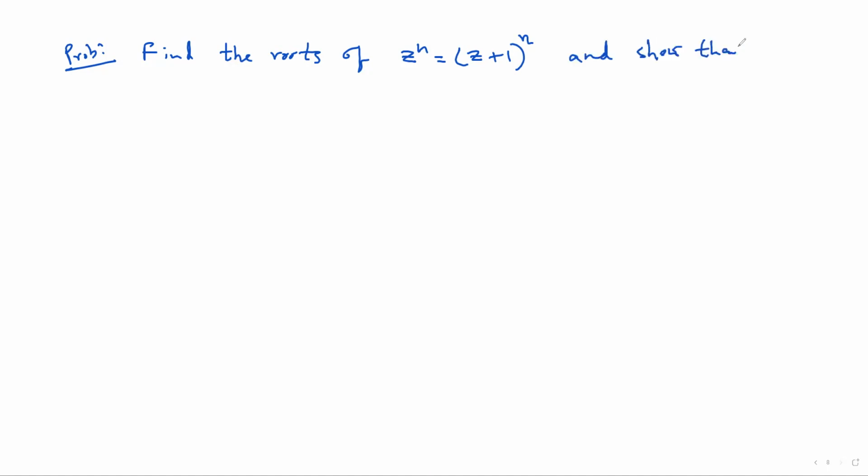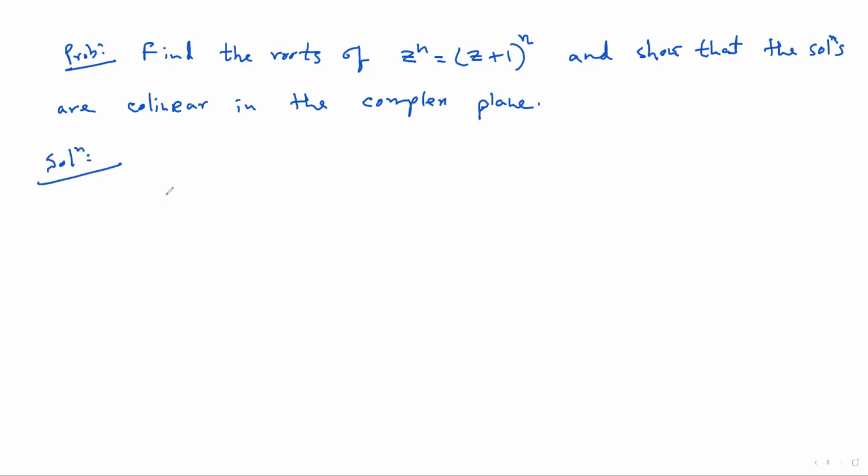So the problem reads like this: find the roots of z to the power n equal to z plus 1 to the power n, and show that the solutions are collinear in the complex plane.